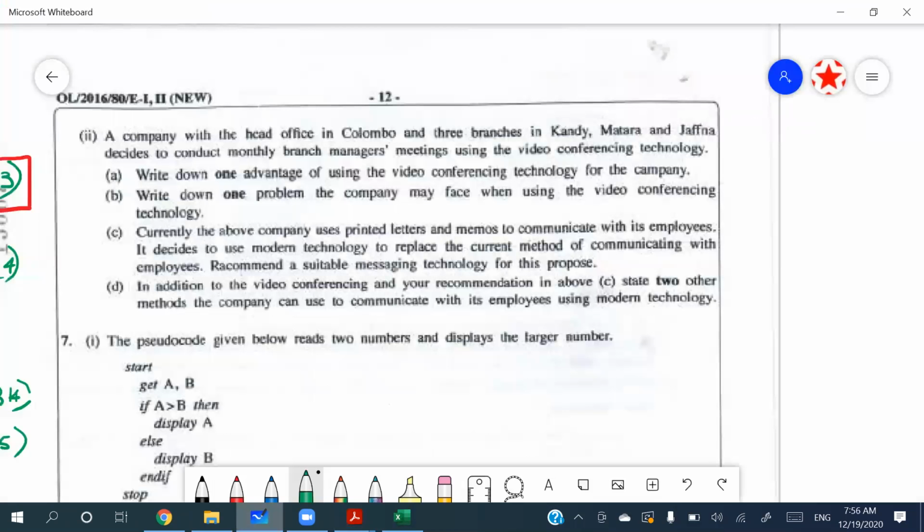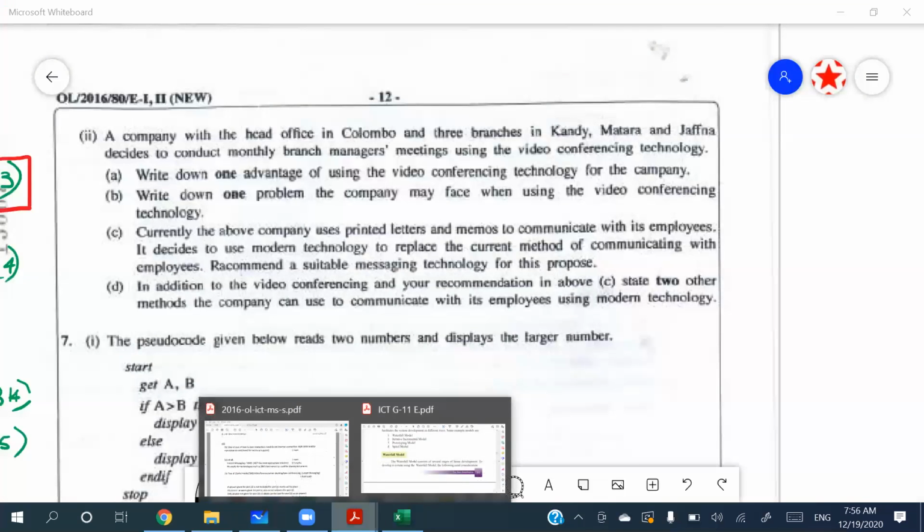And further, they ask, in addition to the video conference and your recommendation in the above C, state 2 other methods the company can use to communicate with its employees using modern technology. So for the communication, right, disregarding letters and all these things, we can have instant messages as well.